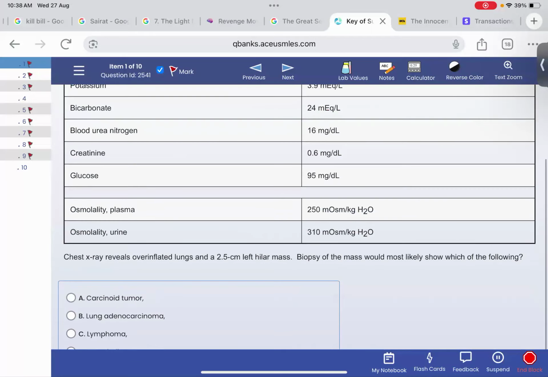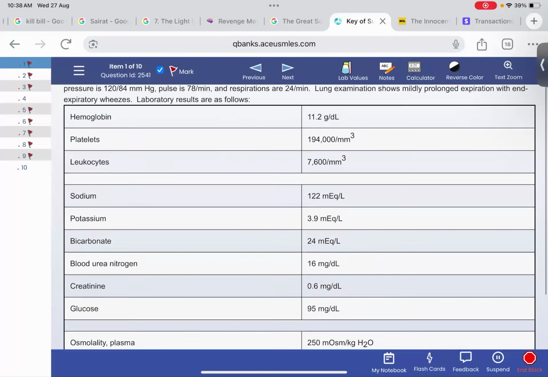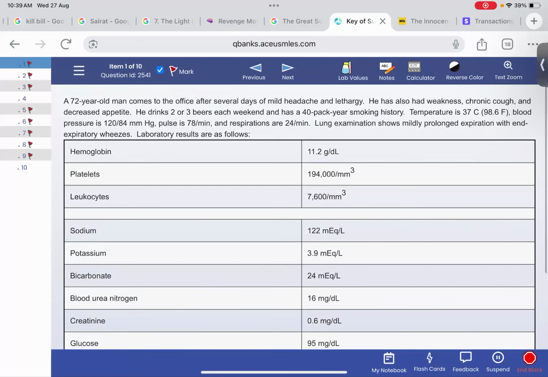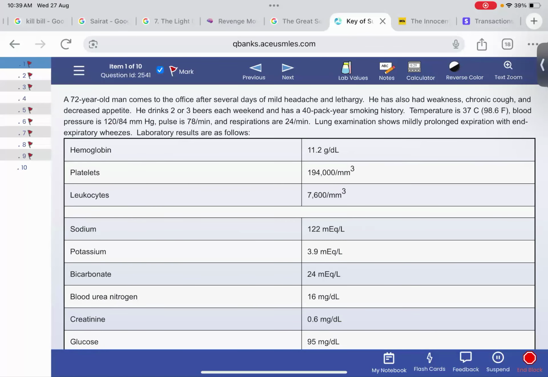Hilar lymphadenopathy is not typically present in COPD patients. All right, so can you go through the laboratory results? Which of the following is deranged? Sodium is low. Perfect. So sodium is low, so let's discuss it.